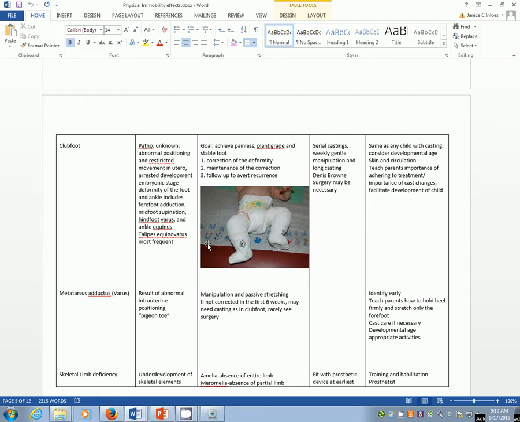So we will do the serial casting, and when we do weekly gentle manipulation, well, there's not going to be a whole lot of manipulation you can do if the baby's foot is totally casted. You can't really manipulate the foot once it's casted. So usually in between casting, they'll try to stretch and get it back in the shape that it should be in.